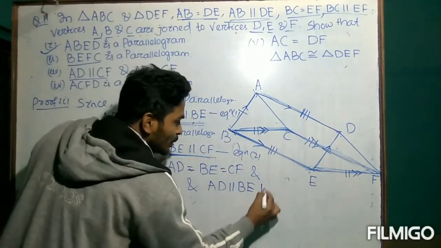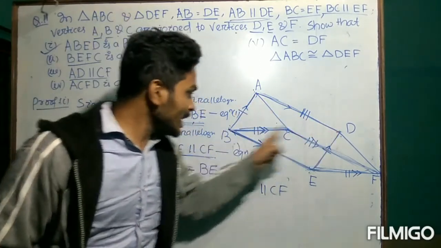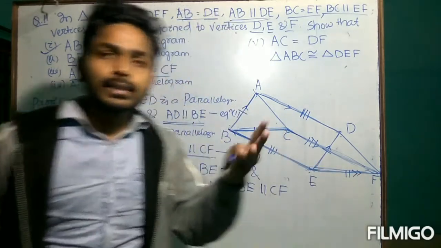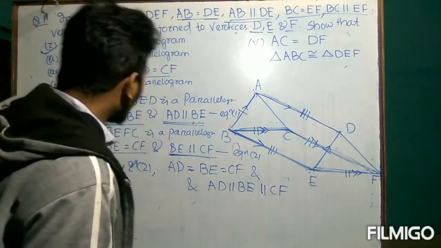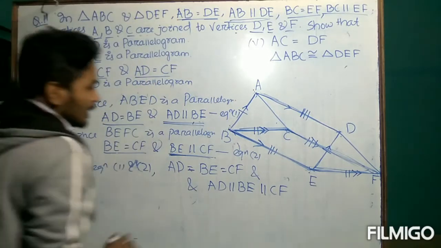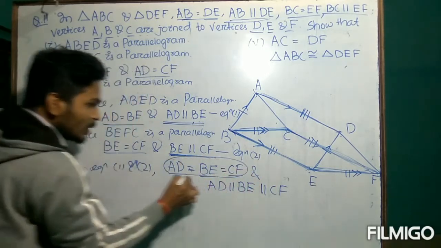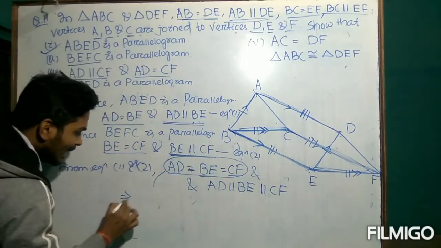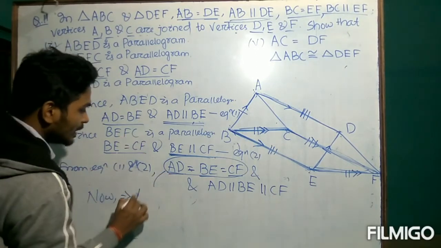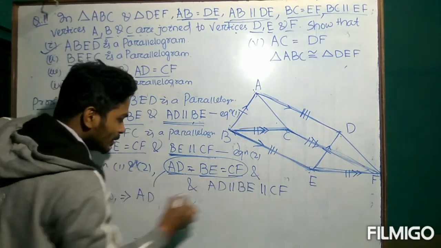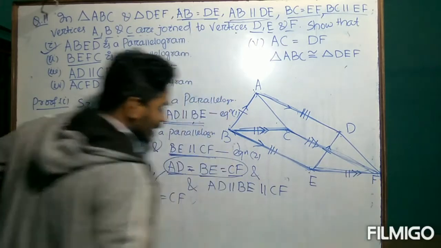See, AD is parallel to CF. So all these three sides, AD, BE and CF, are three parallel lines. Done. Now, since AD is equal to BE is equal to CF, from this conclusion we can write that AD is equal to CF.